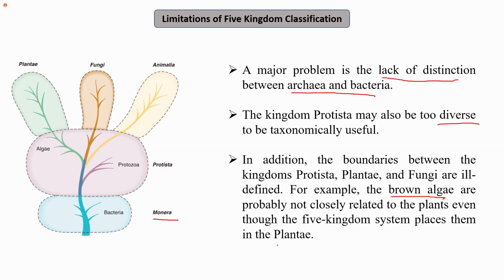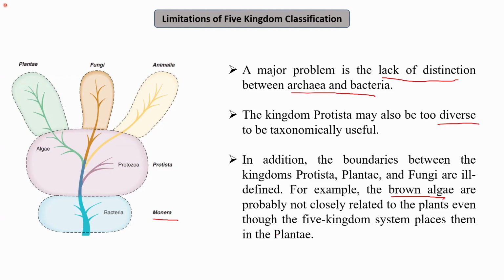But the 5 kingdom classification placed them in the kingdom plantae. So a few of the organisms were inappropriately placed into the wrong kingdom. The refinement with the advancement in technologies has led to their better placement in an appropriate kingdom.